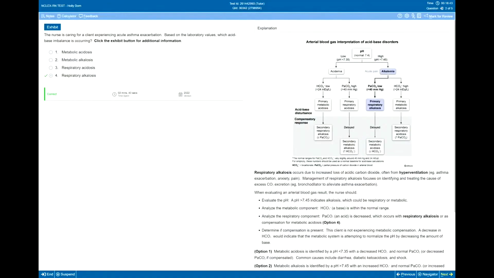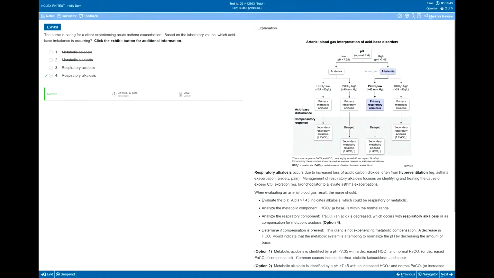Looking at our second question here, our little tip was to use our question to answer the question. So in this question, the stem told us that we have a client with acute asthma exacerbation. So based on that, we can pretty much rule out metabolic acidosis and metabolic alkalosis because we know this is a respiratory condition.